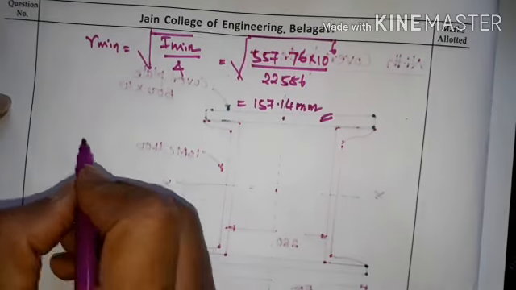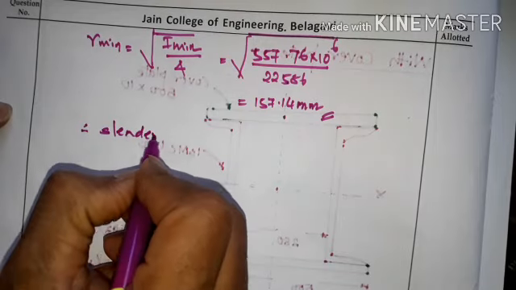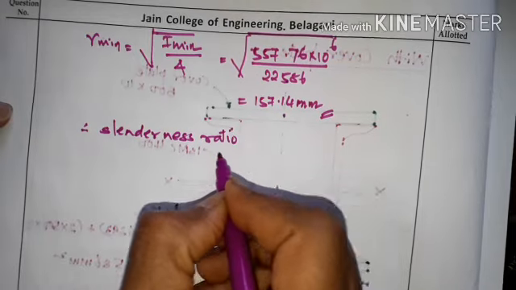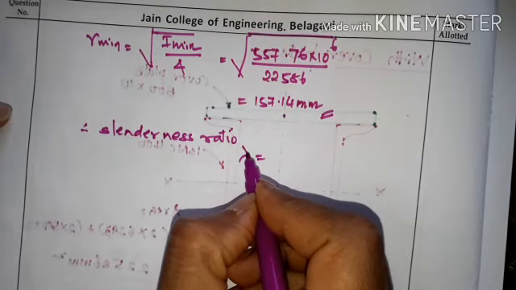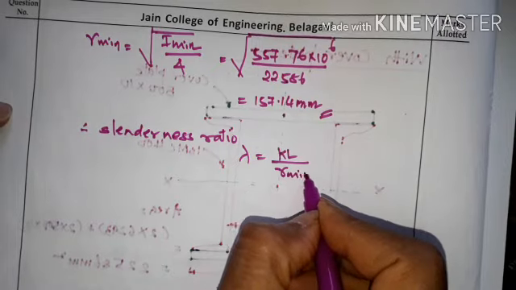So therefore, next, slenderness ratio lambda is equal to KL by R minimum.